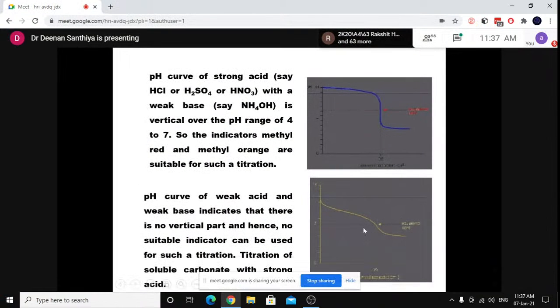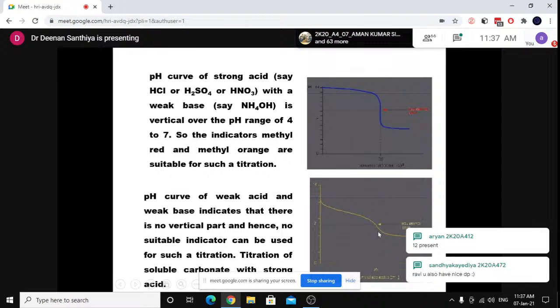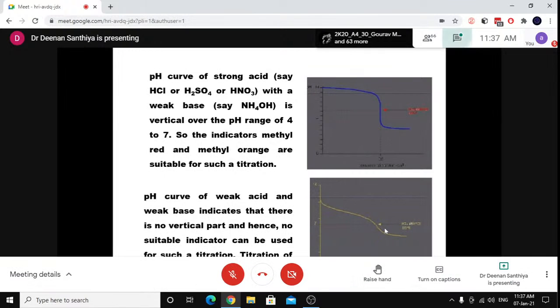There won't be a sharp change. Because of this, we cannot find a suitable indicator in the case of weak acid and weak base.